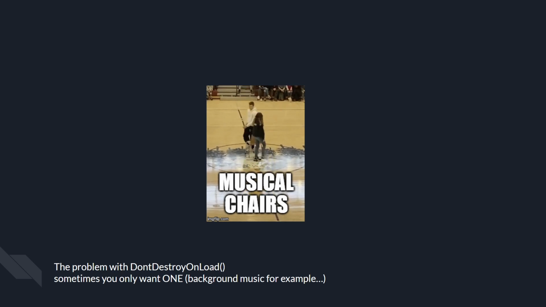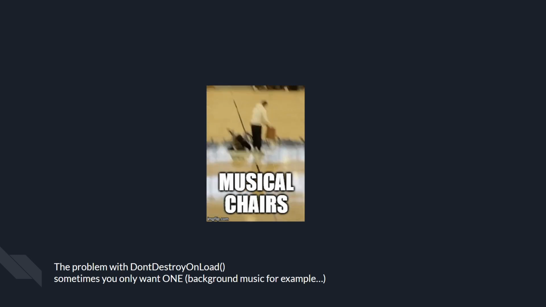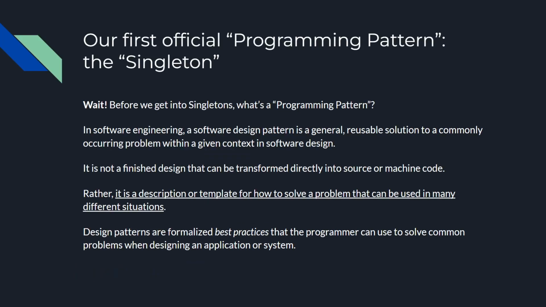That new player enters the scene. We want that player to say, whoa, there's already somebody in that chair. I'm going to bow out. I'm not going to create chaos. So we have our first, what we call, official programming pattern. This is a soft introduction, a soft launch for many of you as you start taking other courses.